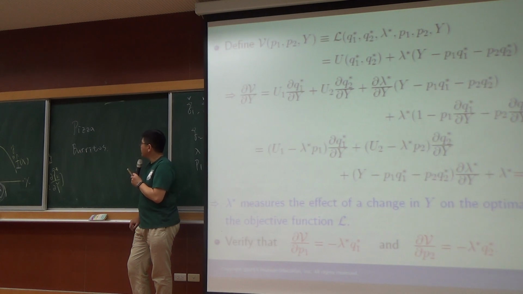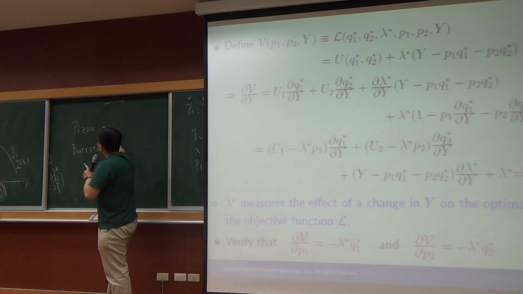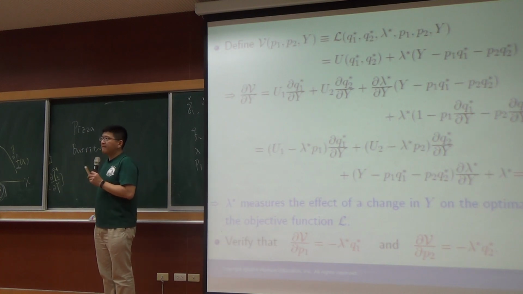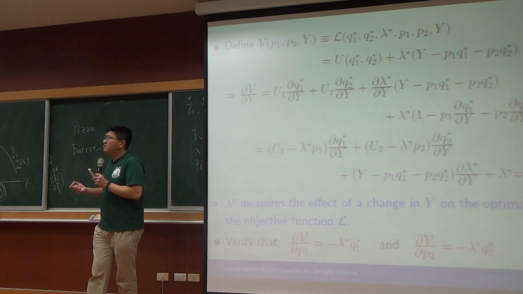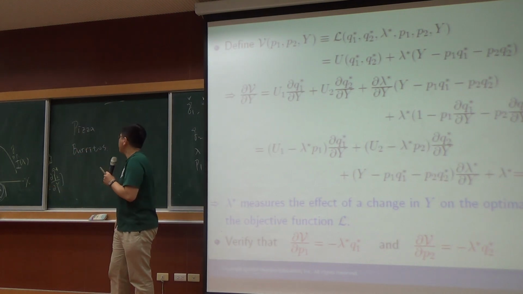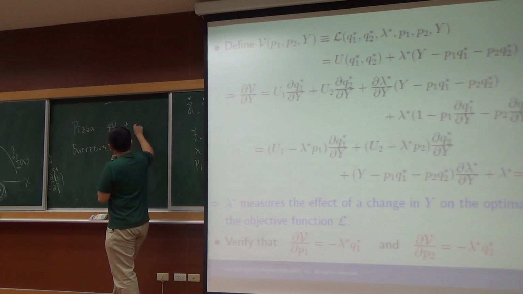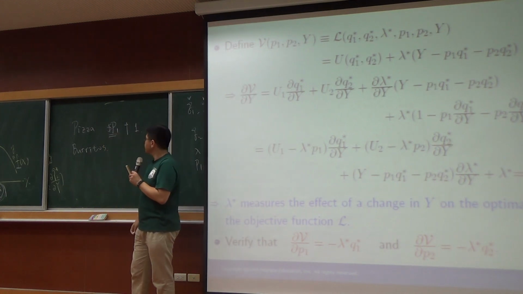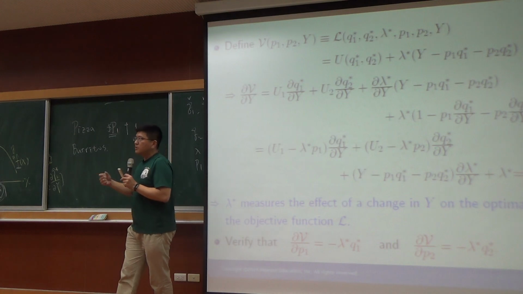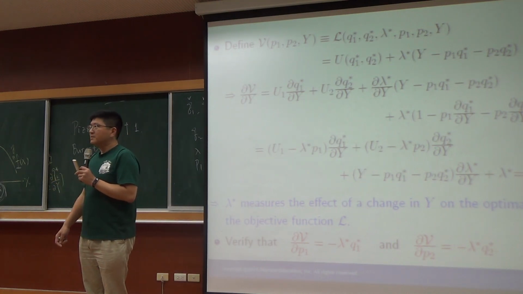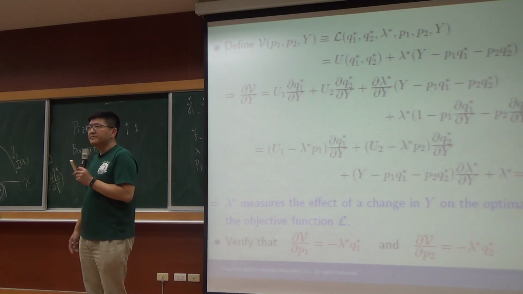Now we have pizza and burritos. We want to know if the price for pizza increases by 1, how we are going to be affected. So the price of pizza, P1, increases by $1. Do you think you will be happier or less happy? You will be better off or worse off?